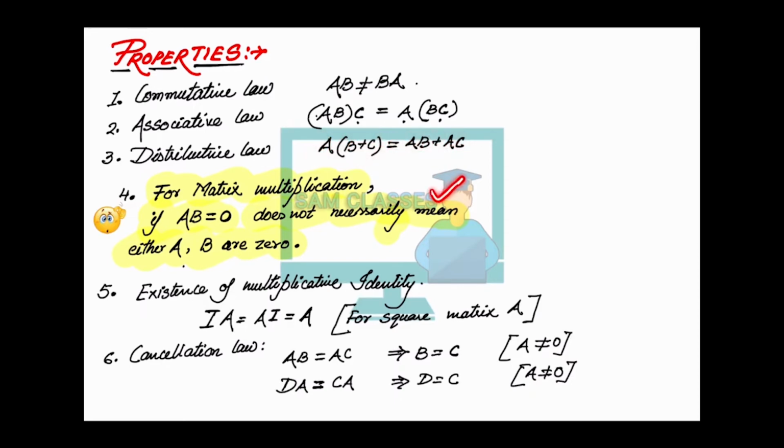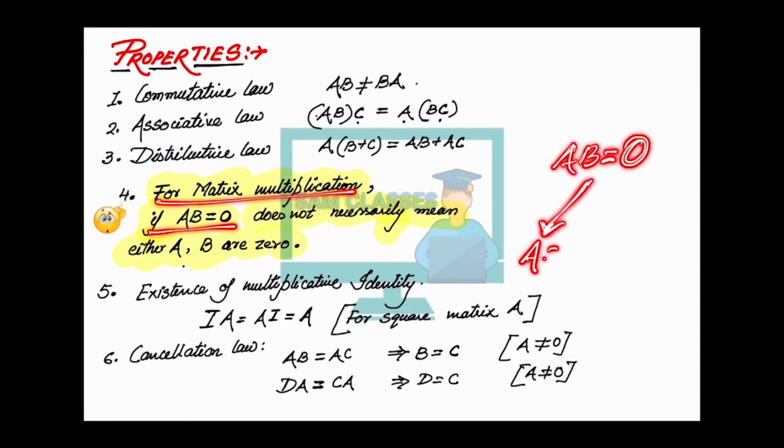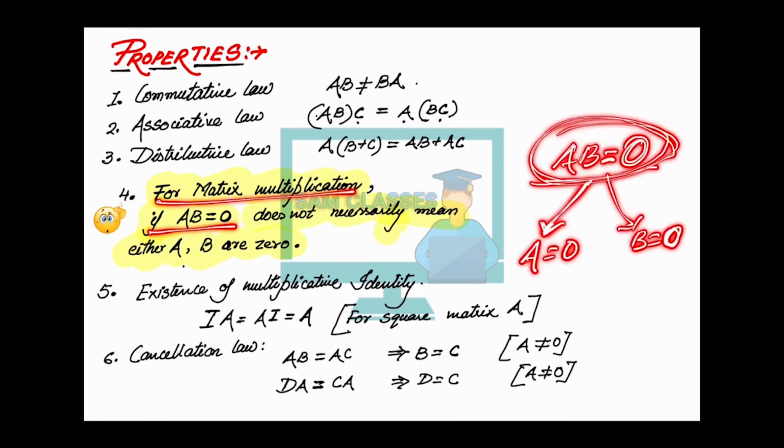Now this is very important, students, for your KCET part also. For matrix multiplication, if they say that AB, the multiplication of two matrices, is 0, it does not guarantee, students, that either A is equal to 0 or B is equal to 0. The moment they say this, they'll give you in the options that the matrix AB is equal to 0. Can you say that A is equal to 0?